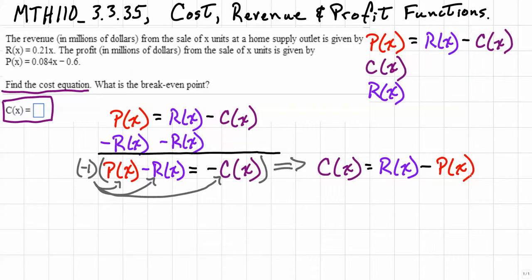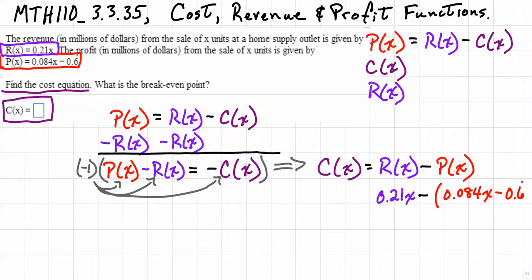Since I already know R of x is 0.21x, I will replace R of x with this. And I also know P of x equals 0.084x minus 0.6. I'll put that in parentheses because I am subtracting it, and I want to make sure the subtraction sign affects every term in the profit function.